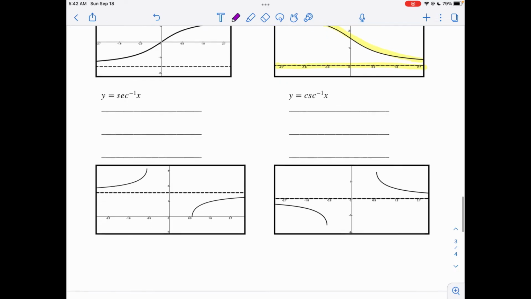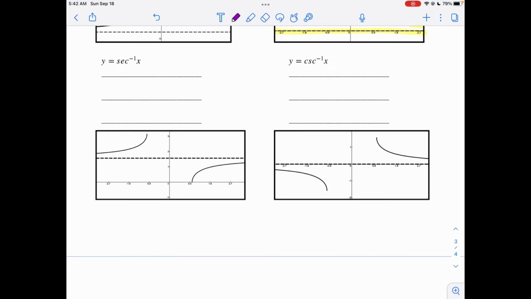Last two trigonometric functions are our secant and cosecant. The domain of our inverse secant function is x less than or equal to negative 1, or x greater than or equal to 1, because remember, we're taking that cosine function and flipping it over. And our range, our restrictions, are going to be 0 is less than or equal to y, which is less than or equal to pi, but y cannot be pi over 2.